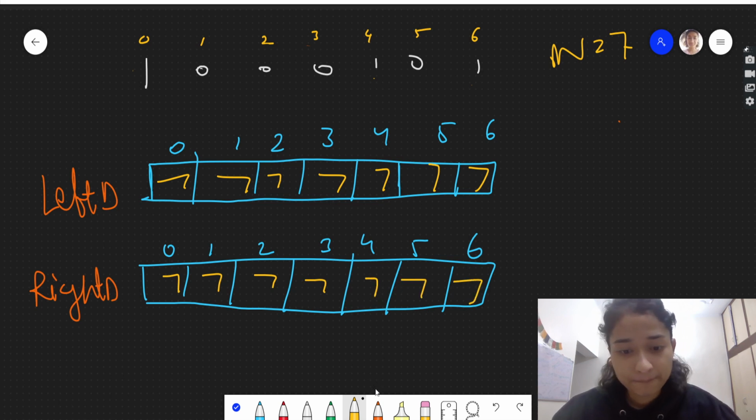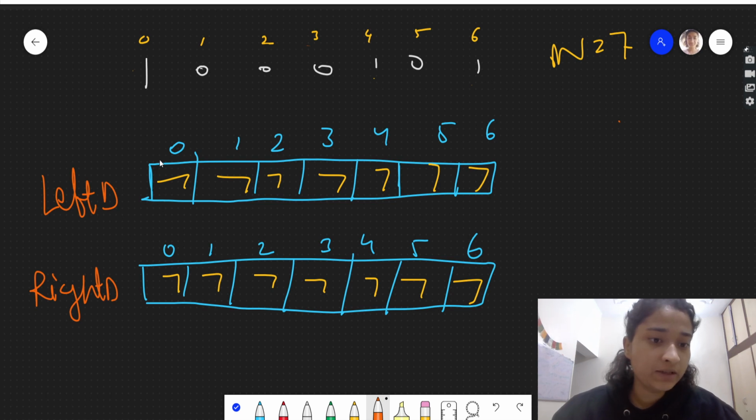Now see, we have to find for this position, like when we are here, we need to find out what is the distance between this seat and the closest one to the left, closest one. So over here we already have 1, so the distance will be 0 only. Between this seat and the 1 is 0, right?